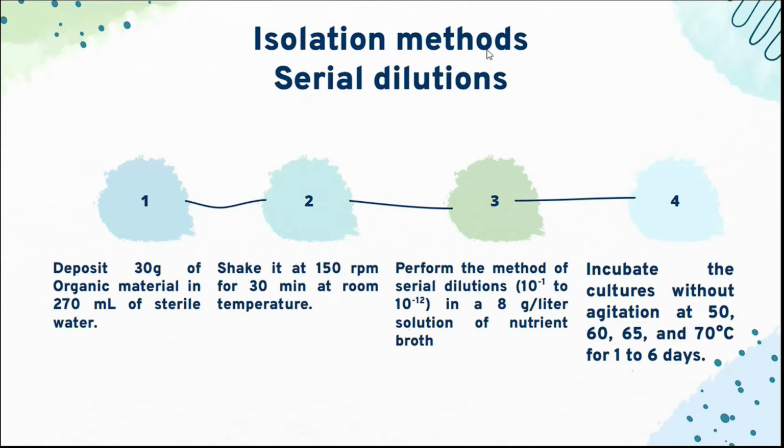And then we're going to perform the method of serial dilutions from 10 to the power of minus 1 to 10 to the power of minus 12 in an 8 grams per liter solution of nutrient broth. Lastly, we're going to incubate the cultures without agitation at 50, 60, 65, and 70 degrees for 1 to 6 days.